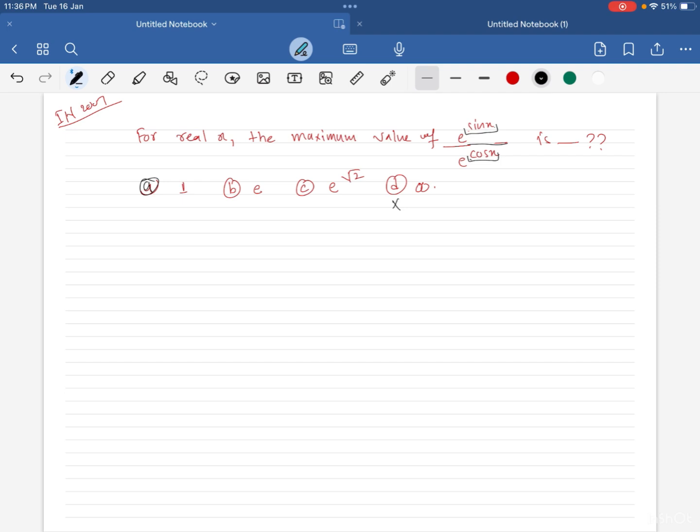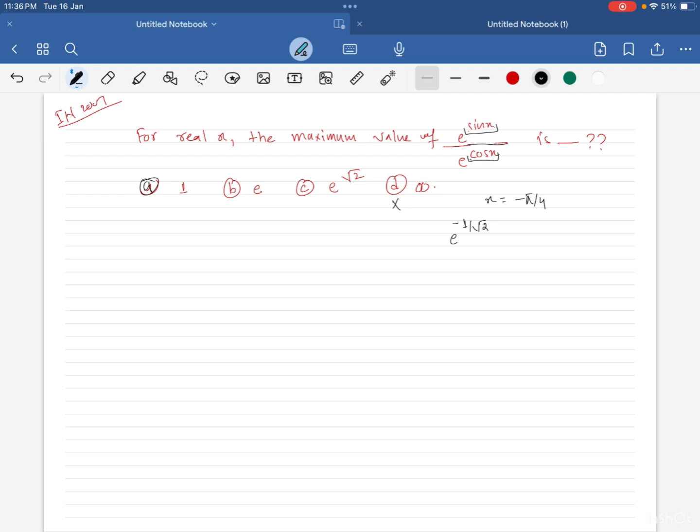Yes. Okay, so now, I think if we take x equals minus pi by 4, right? So e to the power sine x will be 1 divided by root 2.